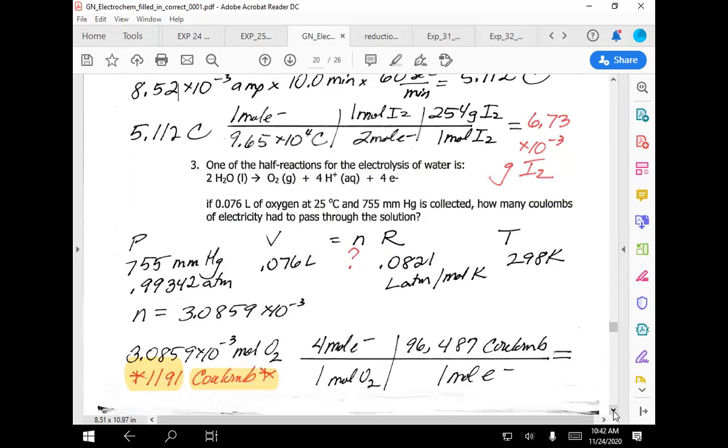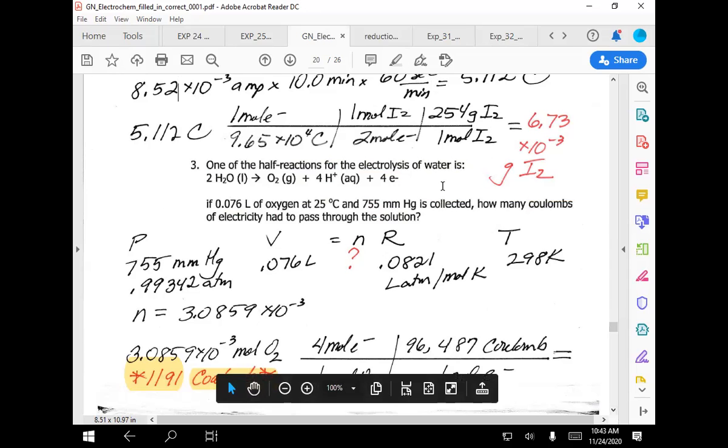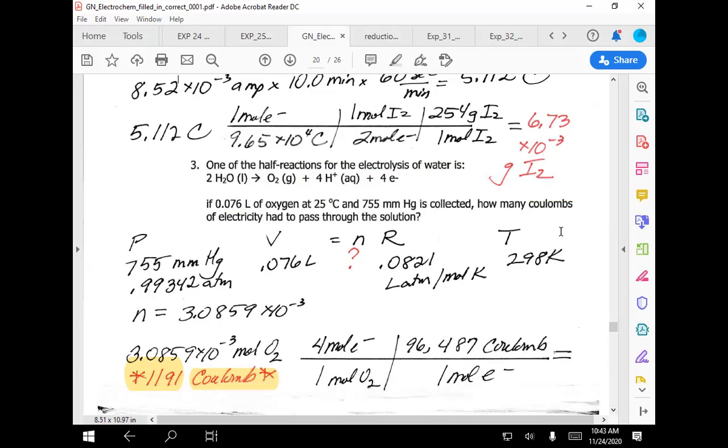Okay, so this one looks like it gives you a half reaction. Oh, it's a PV equals nRT. So it's giving you the liters, it's giving you the volume, it gave you the pressure. You had to change that to atmospheres. Okay, so first we had to find the moles before we could even do anything else. So I set up the PV equals nRT and I solve for moles.